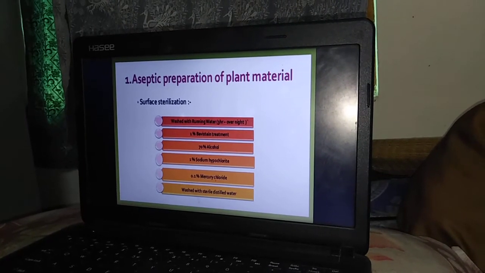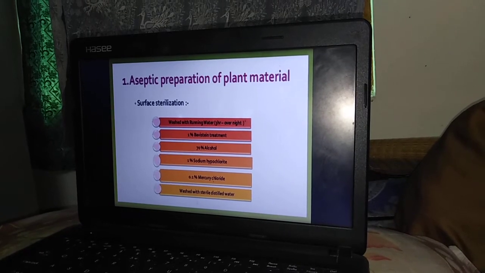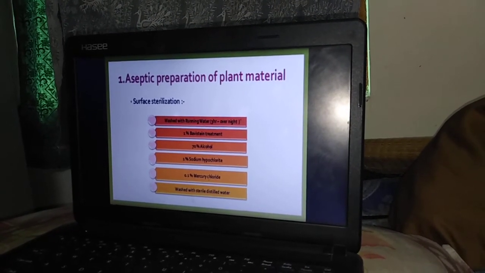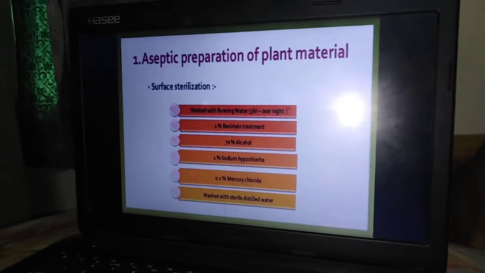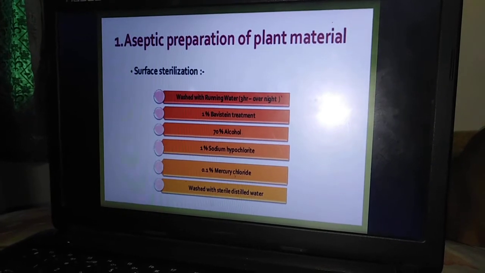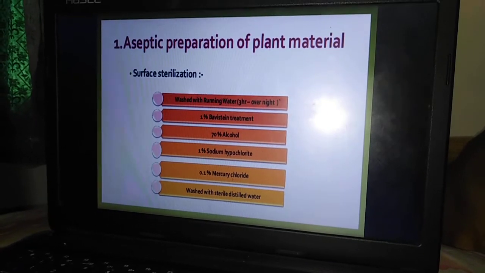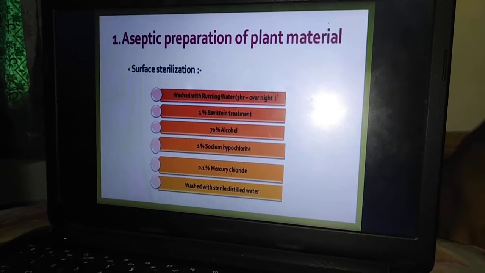Once we have selected the explant material or any plant part, for example the petiole portion or a fragment of leaf or embryo, that we can say is an example of explant material. After the collection of the explant material, that should be subjected to a surface sterilization process, which involves the following steps.